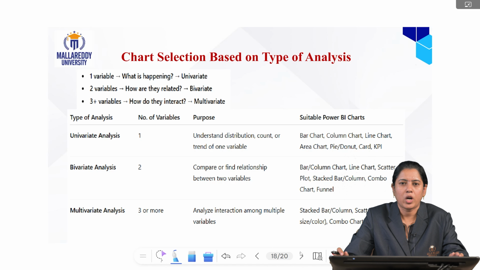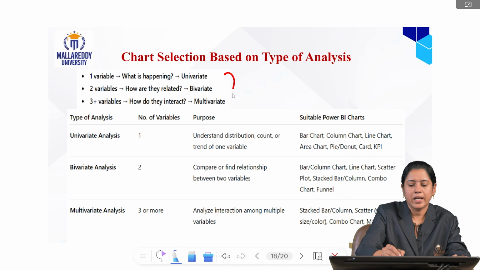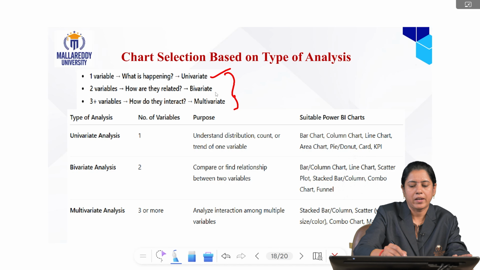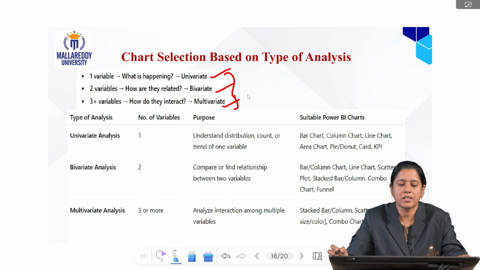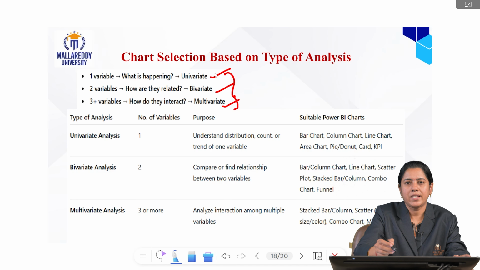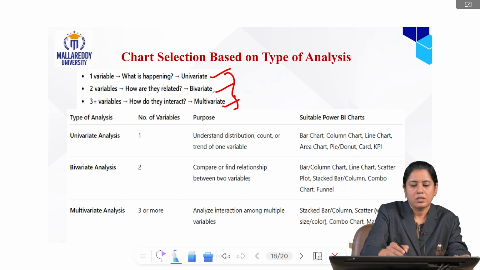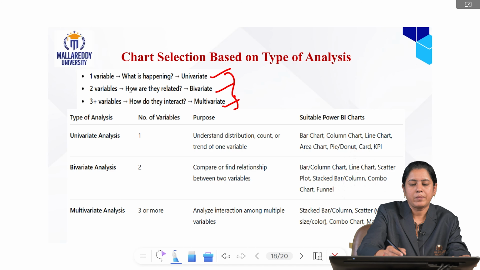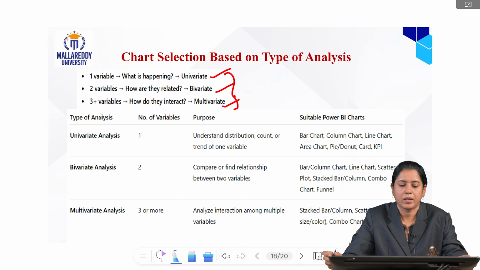What chart is used for what type of analysis is very crucial. Generally data analysis is done using three types: univariate, bivariate and multivariate analysis. Univariate means analyzing only a single variable. Bivariate means analyzing two variables, finding the relation between them. Multivariate means analyzing more than two variables.